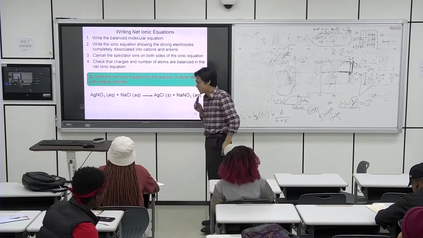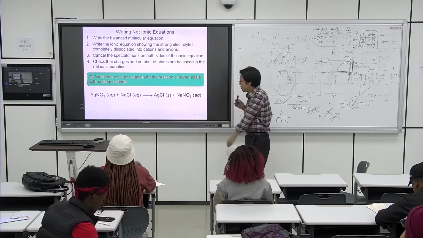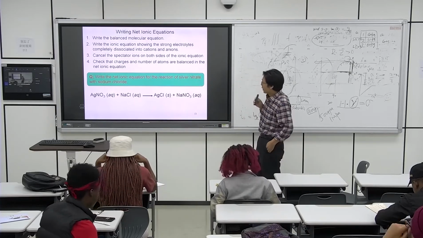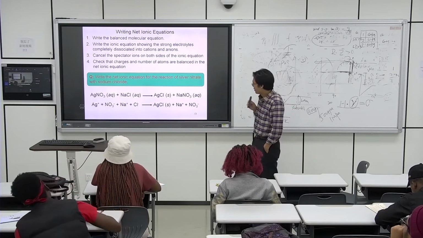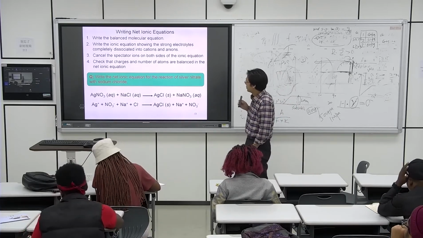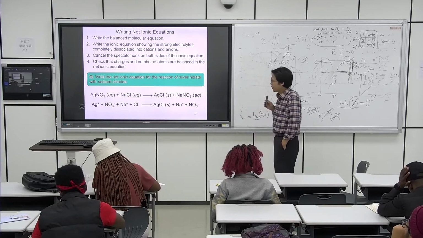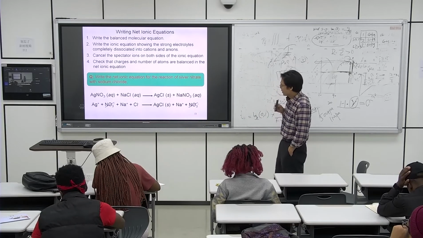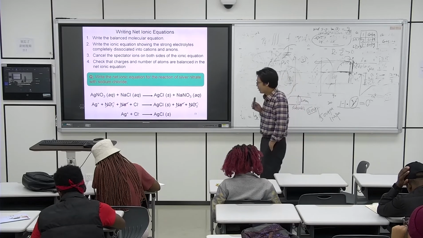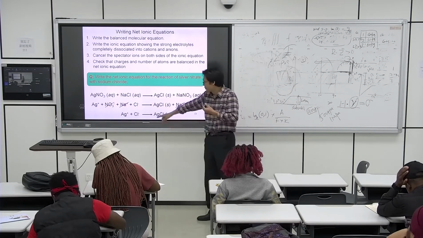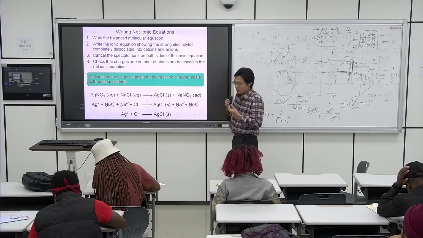So the process is like this: the molecular equation, then the ionic equation, and we just offset the ions, and finally we get the net ionic equation.